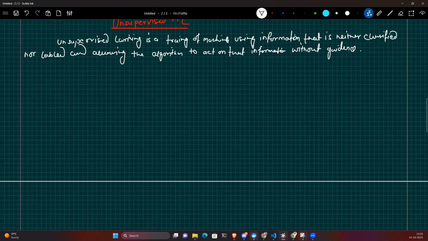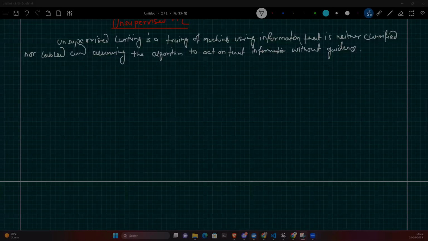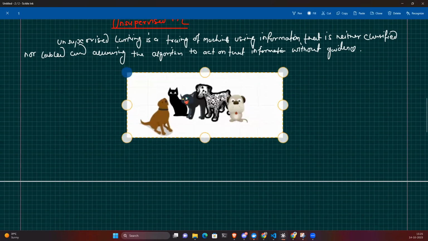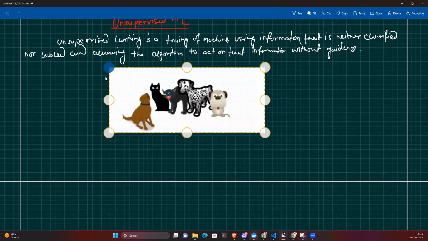So for an example, let me take one example. Let's suppose I have given a picture of a dog and a cat, and you have never seen this dog and cat so far. With the help of physical appearance, you can categorize these animals, right?